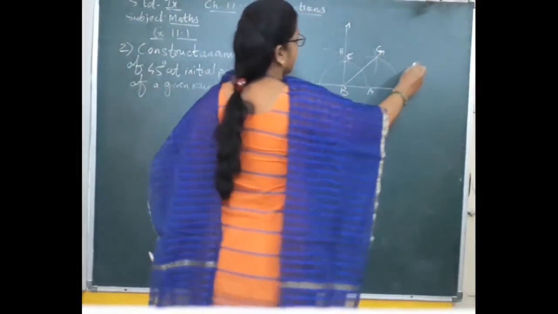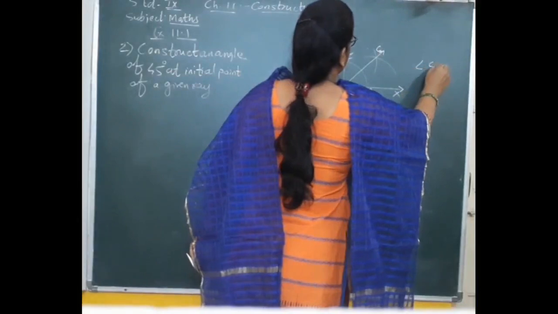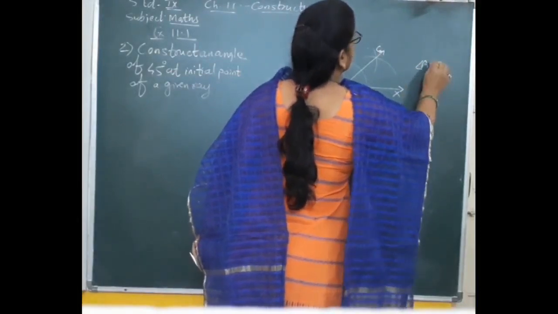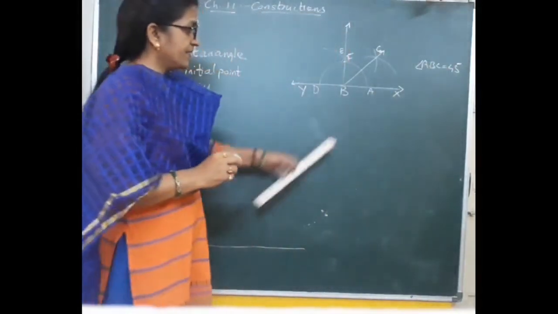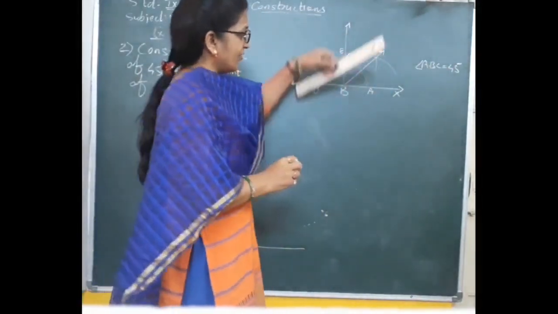So this angle ABC is 45. Angle ABC is 45. Now justification.